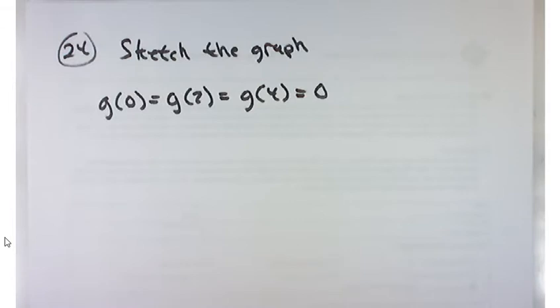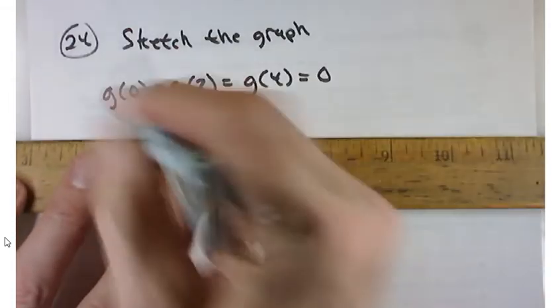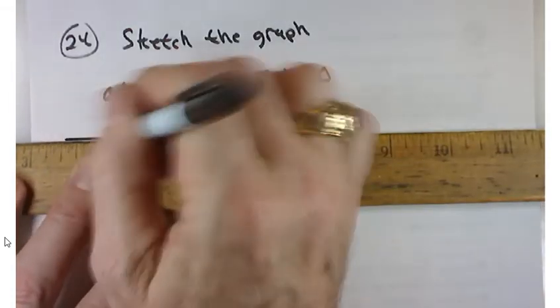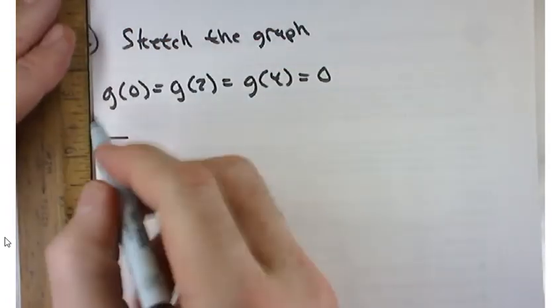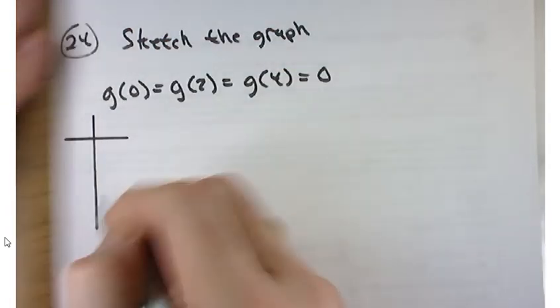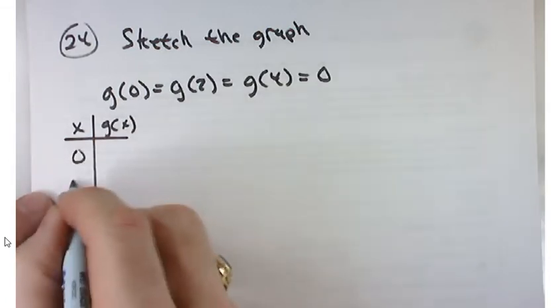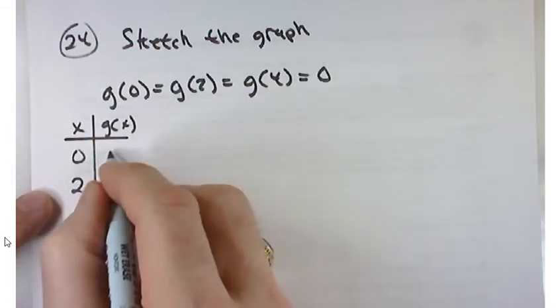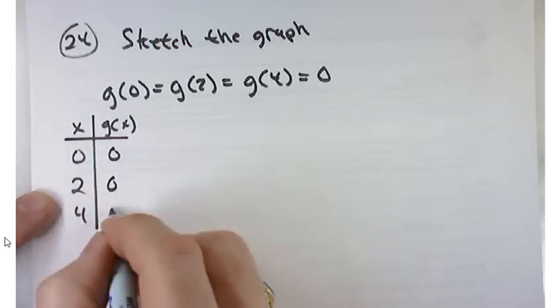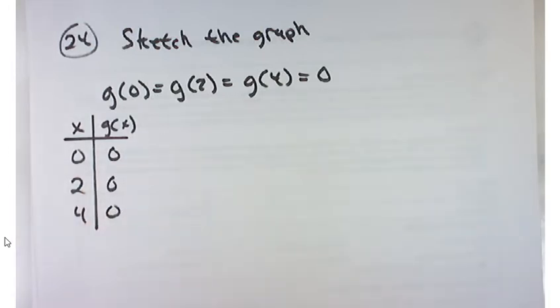Put another way, if you had a t-table for these points, it would look like this. 0, 2, and 4 would be 0, 0, and 0. You've got 3 points that are right on the x-axis. Okay, that's fine. We can work with that.